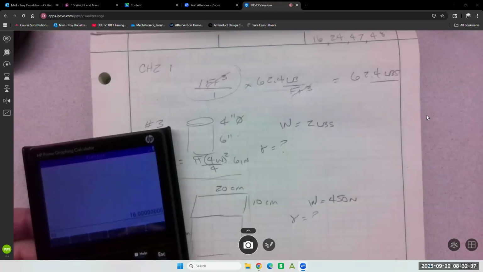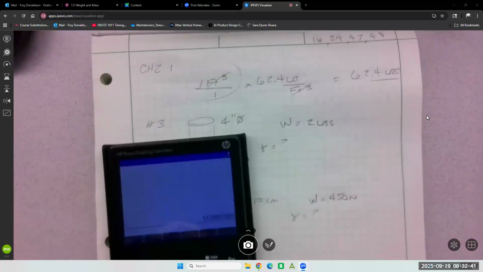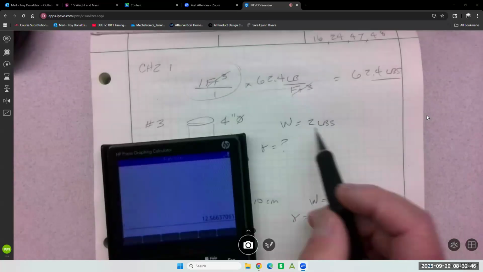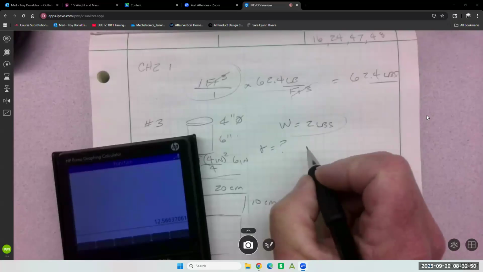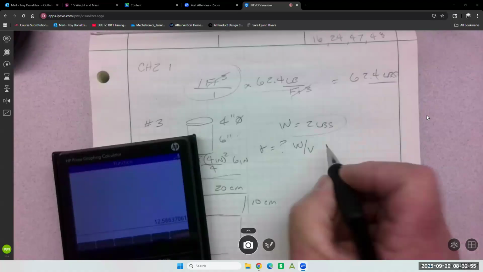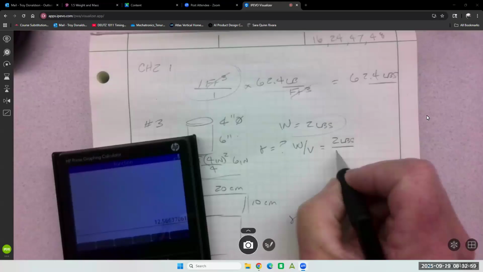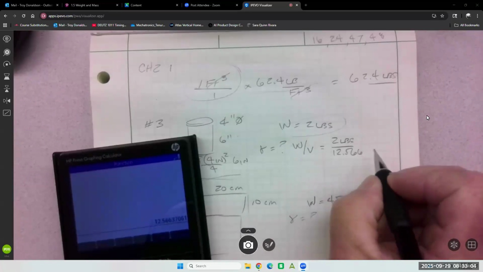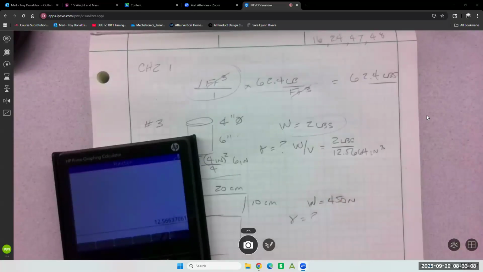Divide. The volume is 12.5663. And then if we have a weight of 2, that gives us both of the relationships of weight over volume. Right? 2 pounds over 12.566 inches cubed.